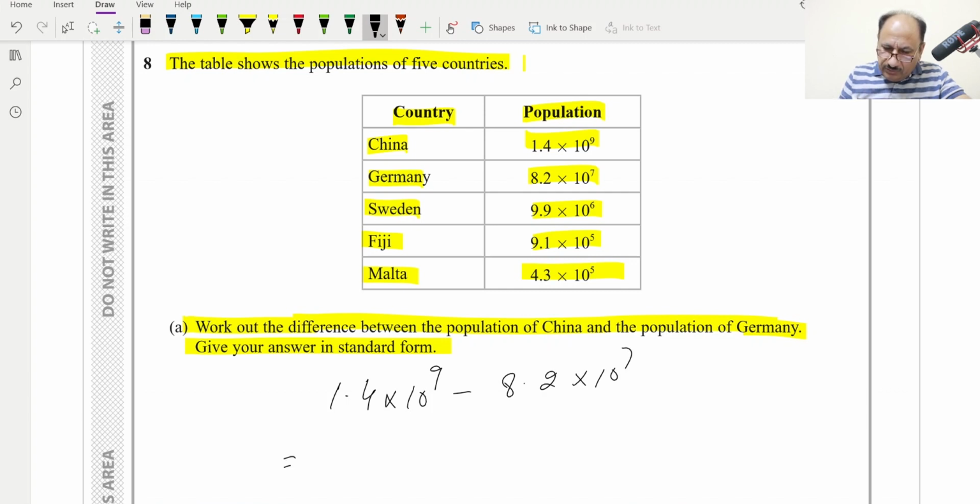So first of all, it is better to equalize these powers. So 1.4 multiplied by 100 into 10 raised to power 7. What we have done is changed this 10 raised to power 9 into 100 into 10 raised to power 7. After changing this, we will write minus 8.2 into 10 raised to the power 7.